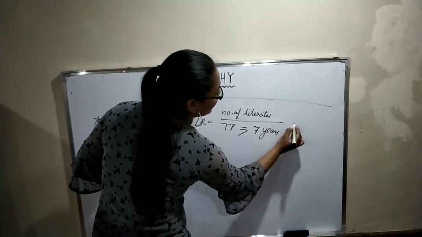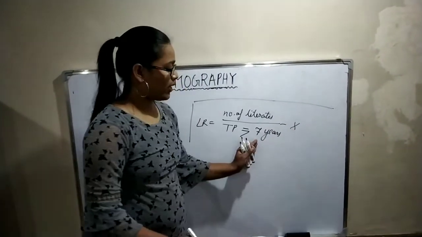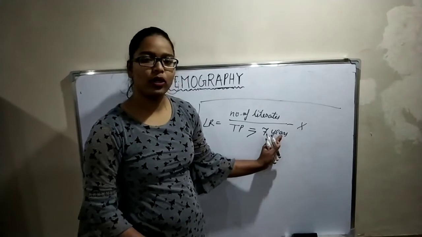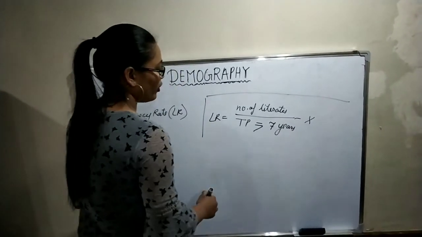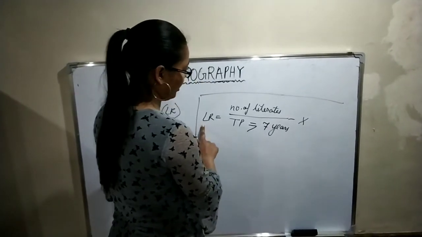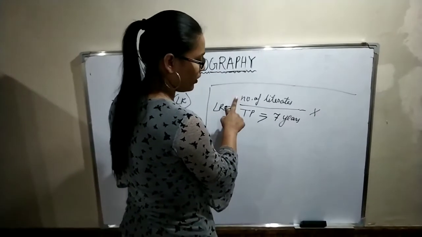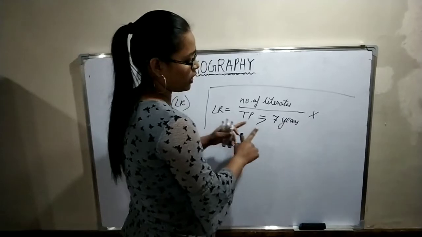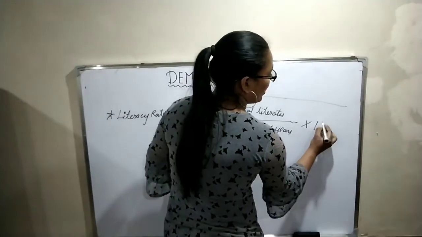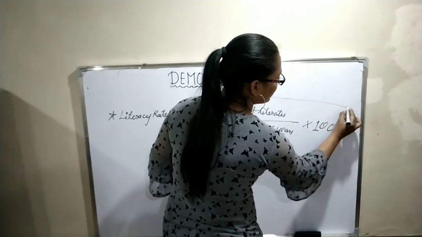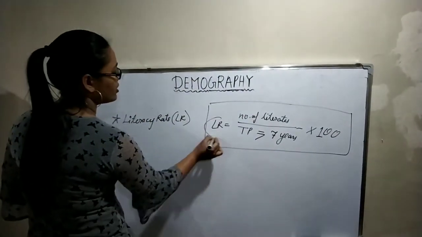We will not include children below 7 years in the literate category. So literacy rate equals number of literates upon the total population, which is equal to or above the 7 years, into 100. This is the formula for calculating literacy rate.